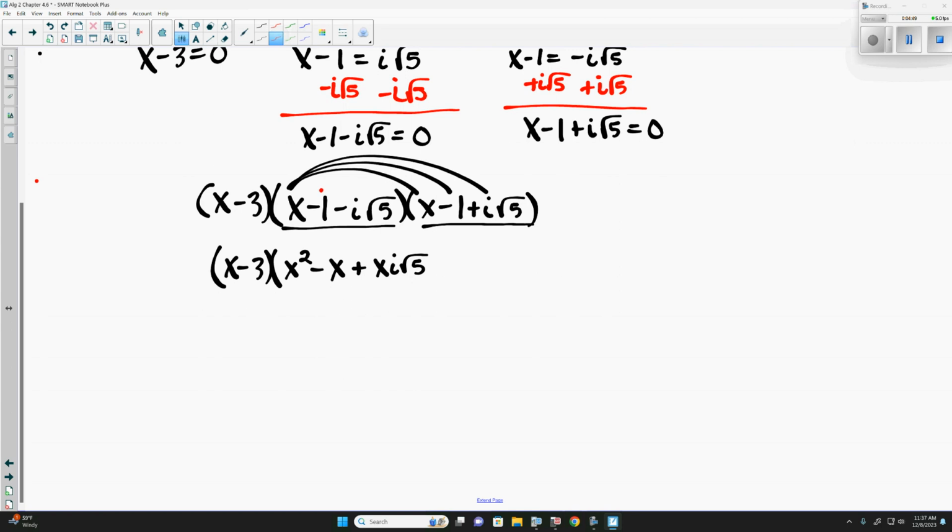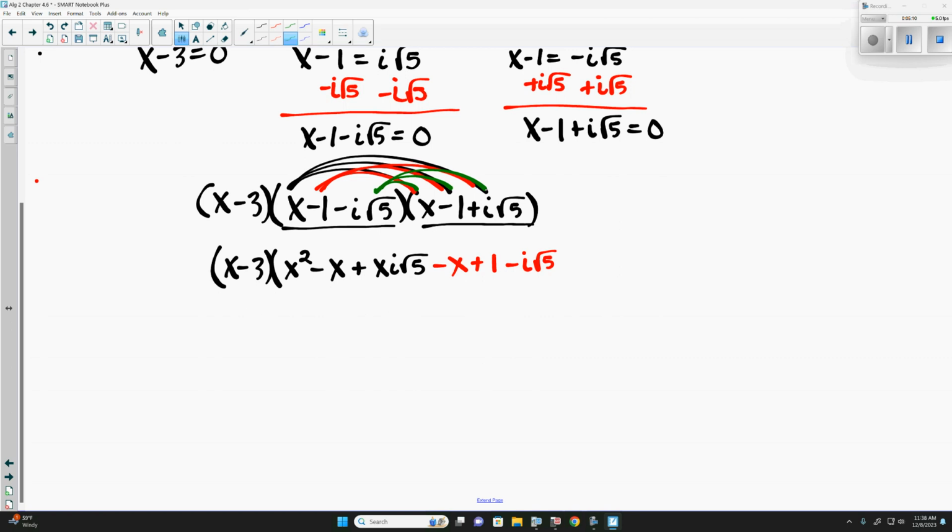We'll do the same thing with negative 1. Negative 1 times x is negative x. Negative 1 times negative 1 is plus 1. And negative 1 times negative i square root of 5 is negative i square root of 5.